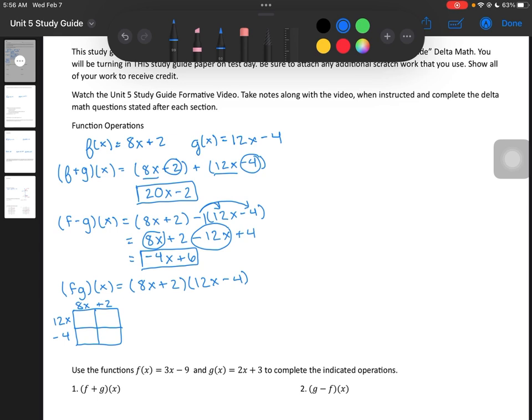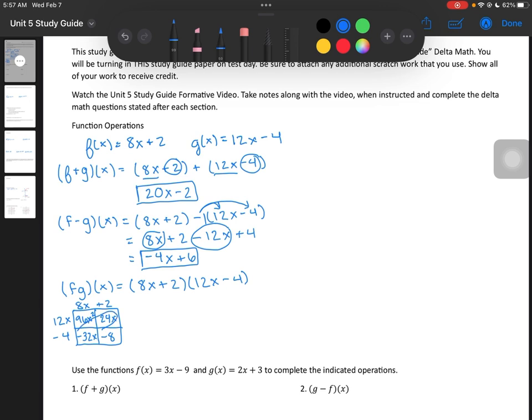And then to get what's in each square of this box, we are going to multiply them together. So 8 times 12 is going to be 96, and we have x times x, so that's x squared. 12x times 2, 24x, 8x times negative 4, negative 32x, and 2 times negative 4, negative 8. So I need to combine the like terms.